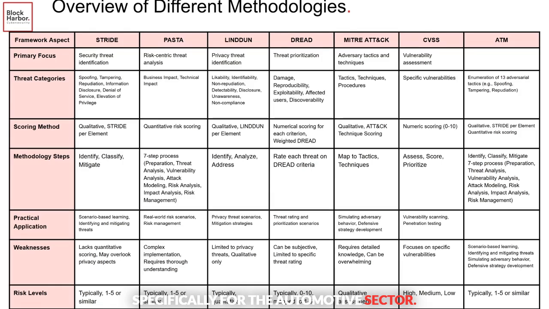Lastly, the Automotive Threat Matrix, which is similar to the MITRE framework, is tailored specifically for the automotive sector. It focuses on identifying and mitigating threats unique to automotive systems, especially connected and autonomous vehicles. The framework uses both qualitative and quantitative scoring methods, similar to STRIDE but adapted to the automotive context.